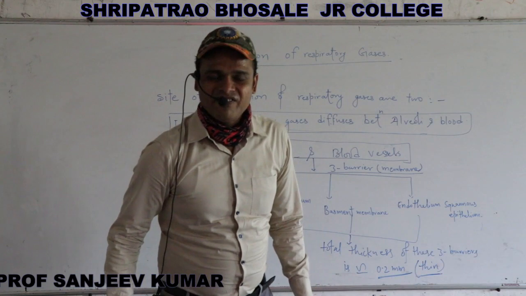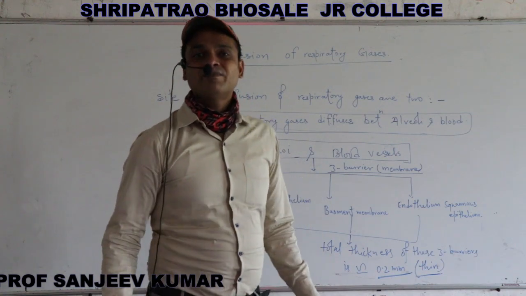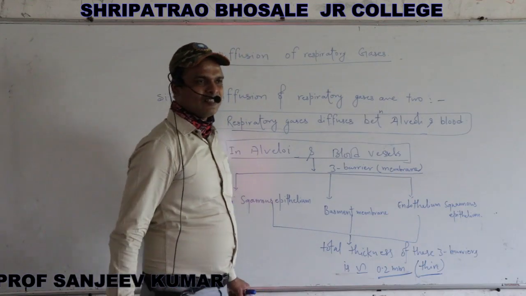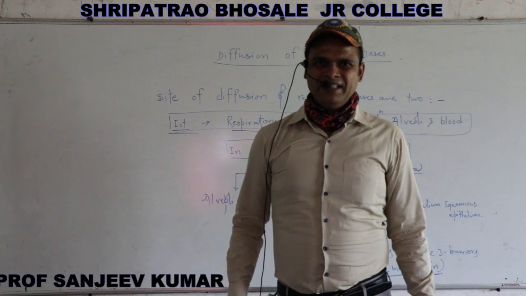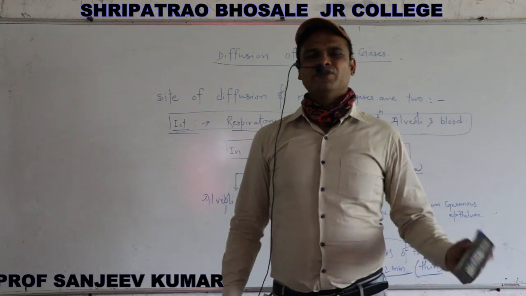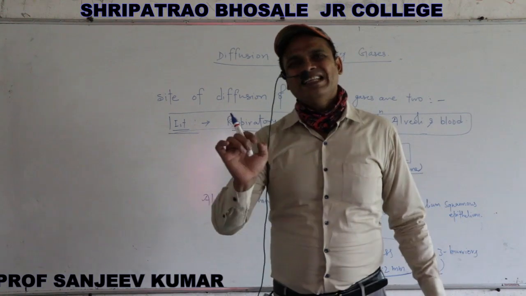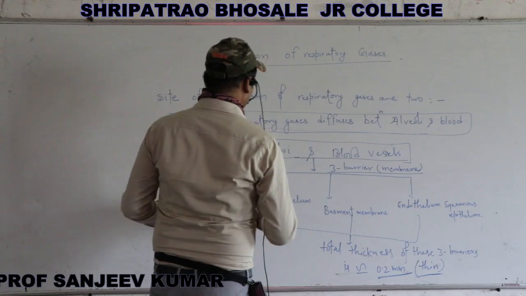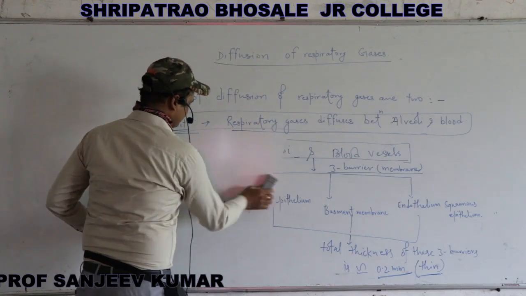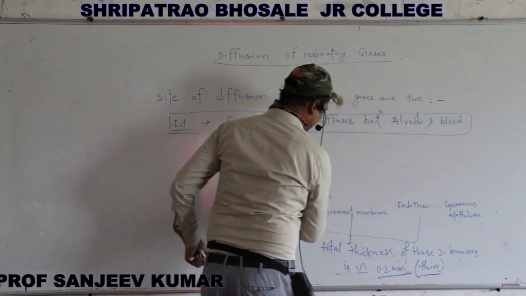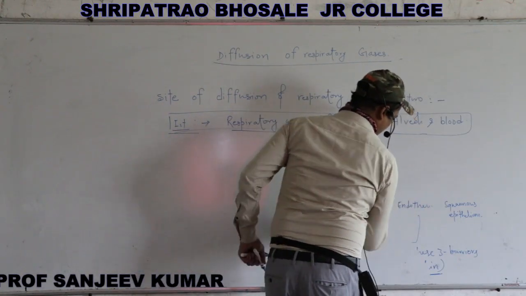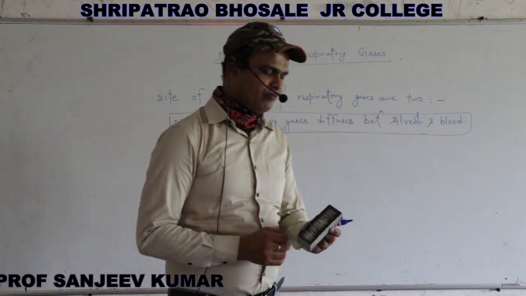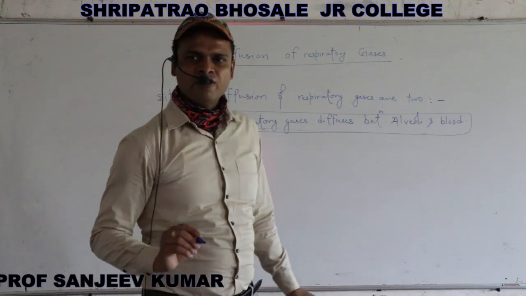Therefore, it facilitates or supports the rate of diffusion. That is why the alveoli and endothelium facilitate the rate of diffusion, due to the very thin membrane. Okay. So this is the first barrier, or the factors responsible for determining the rate of diffusion.